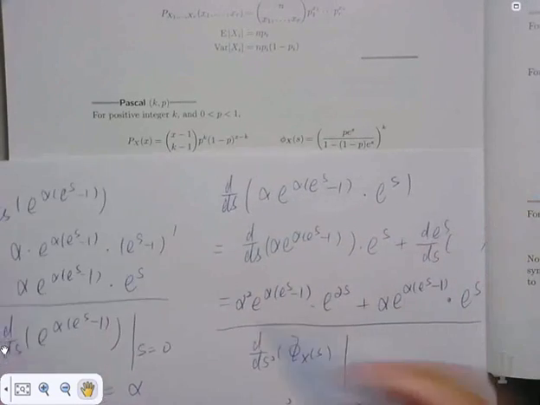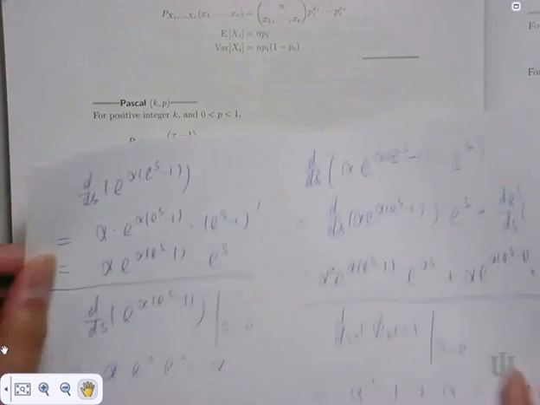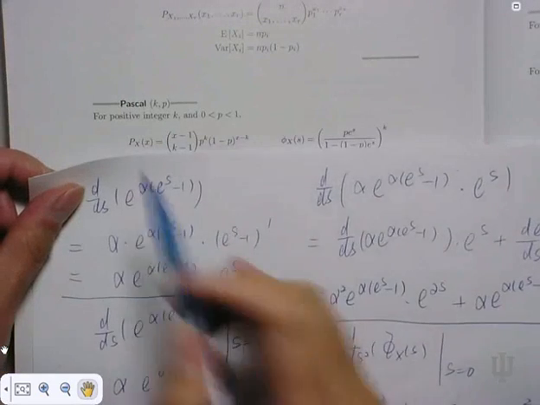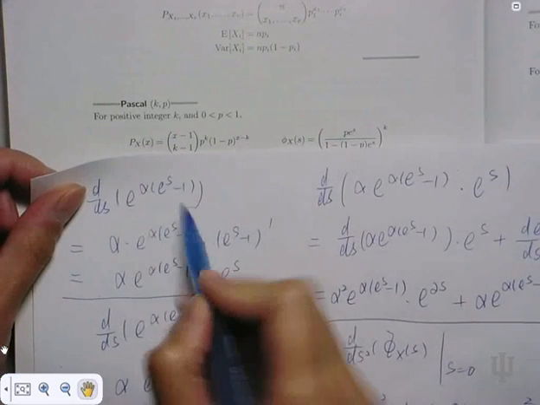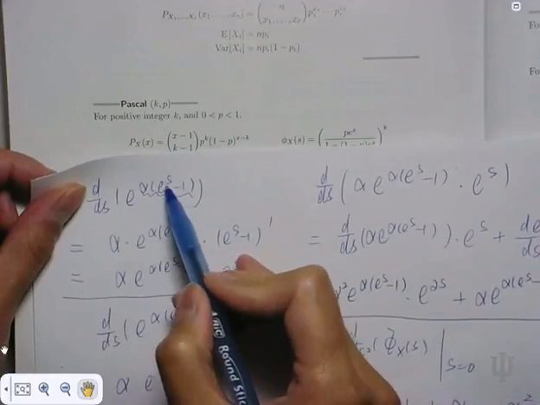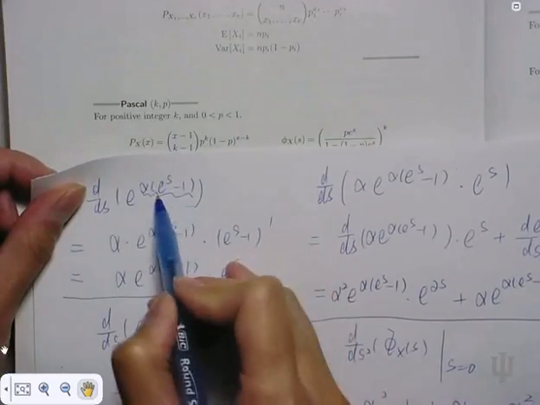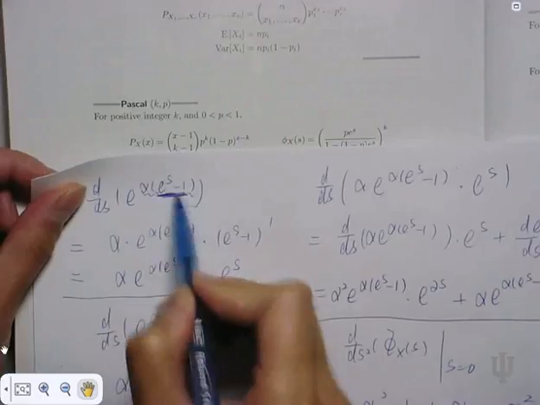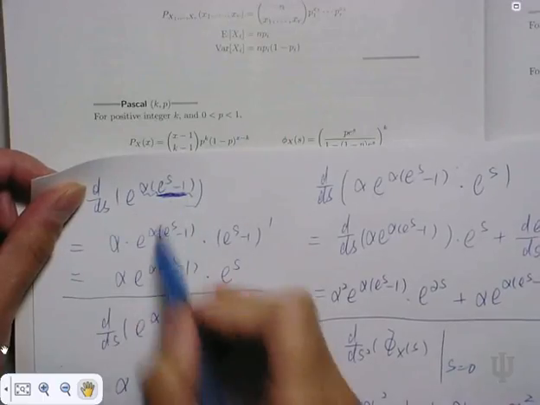I write it here to save some time. So I do the derivative of this. Differentiation means I take this as one item because there's the e to s there. Or you can take this part as one part, right? It's a function of a function.